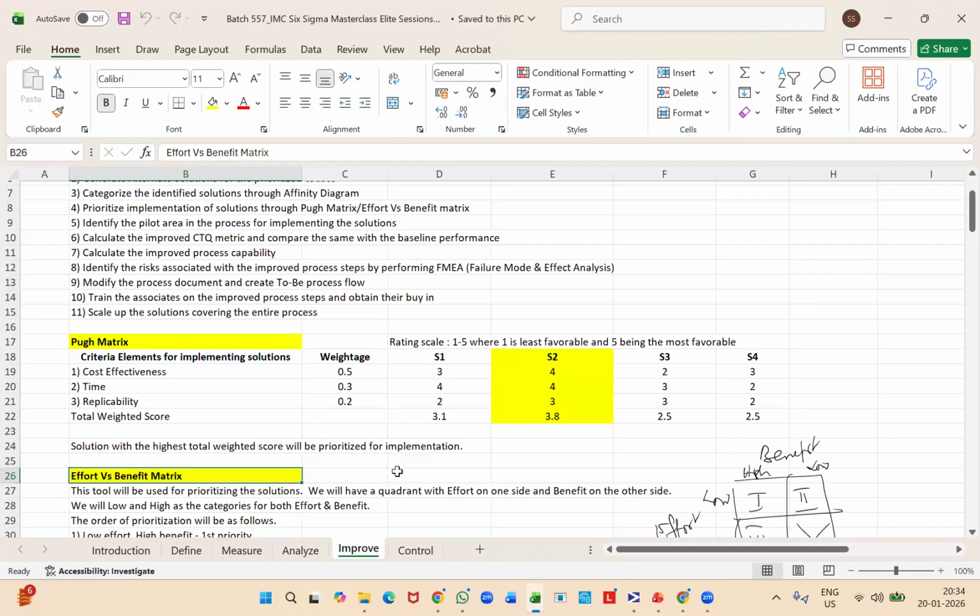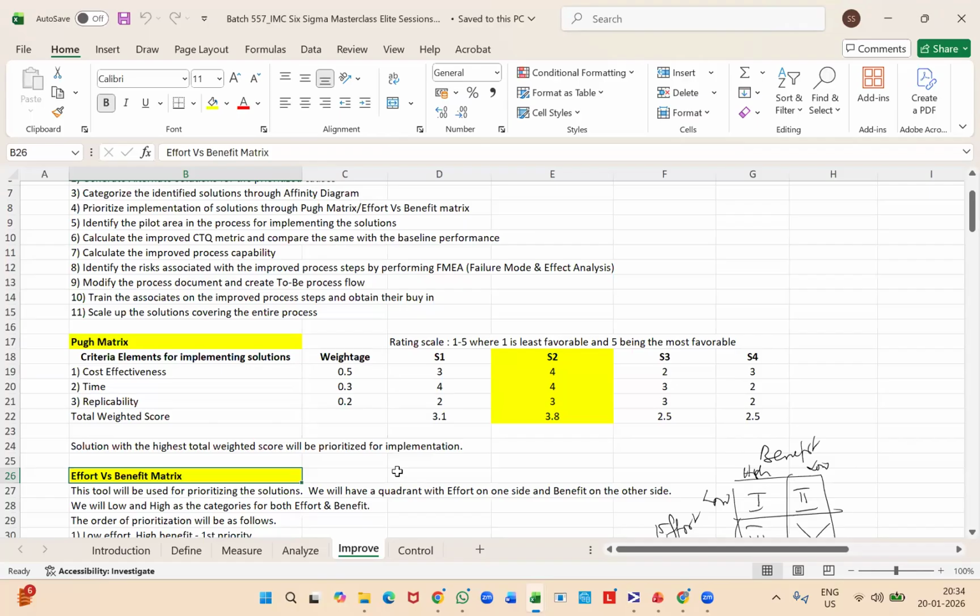We will rate all these solutions against each of these criteria elements on a scale of 1 to 5. 1 being the criteria element is least favorable for that solution, and 5 being the criteria element is most favorable for that solution. And then finally, we will calculate what is called the total weighted score, which is nothing but the rating score that you would have given for a solution against a particular criteria element multiplied by the weightage that you would have already assigned for that criteria element.